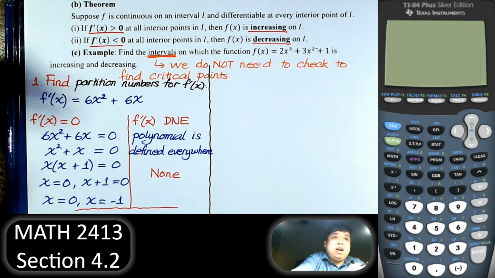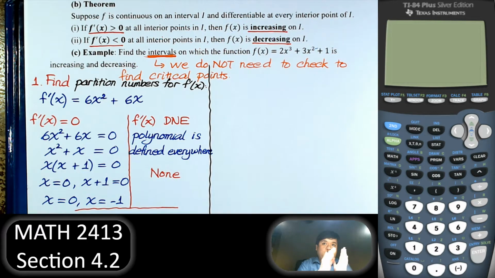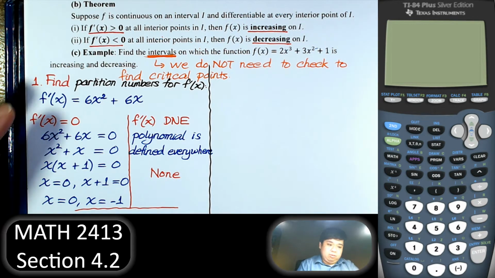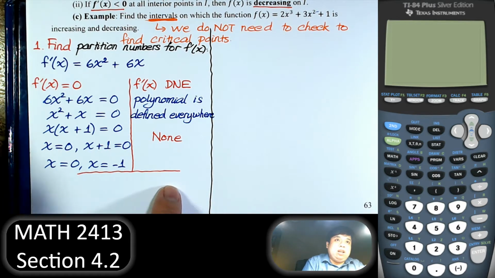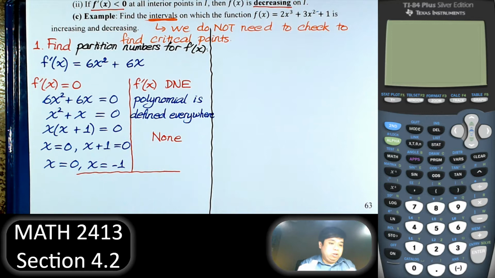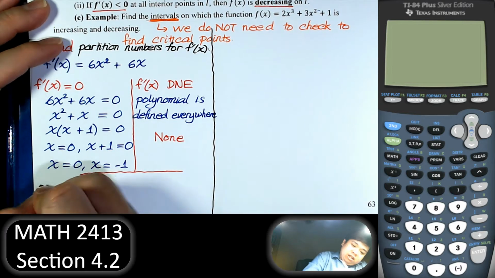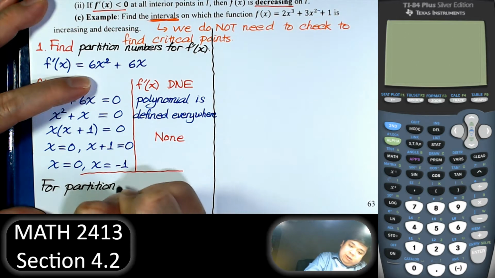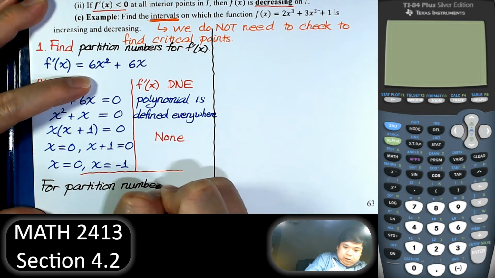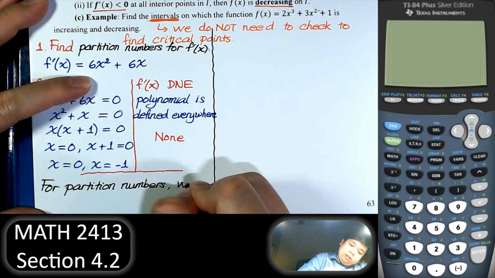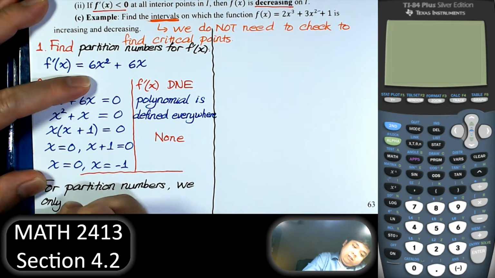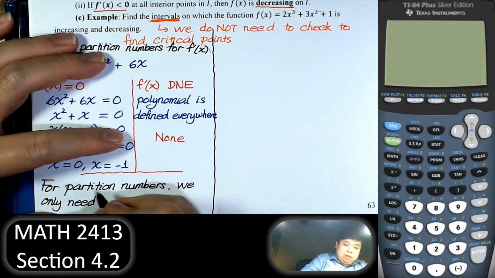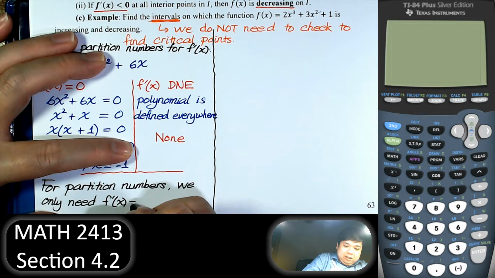Partition number, just by the name of it, we just need to know where we divide the number line. Usually we will check the values of the function, but we do not need to. I'm going to write a little note here for partition numbers: we only need where it is equal to 0 or does not exist.